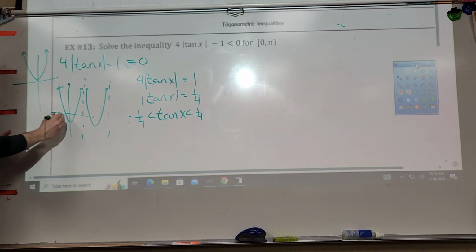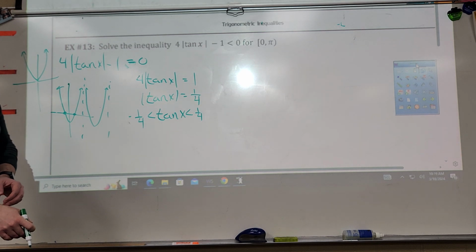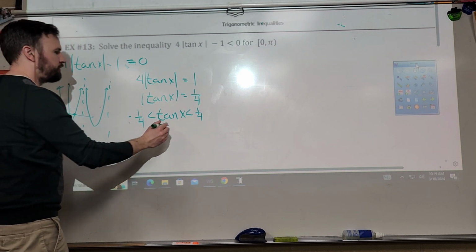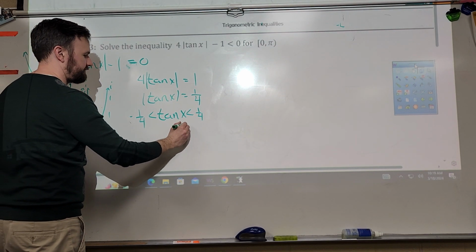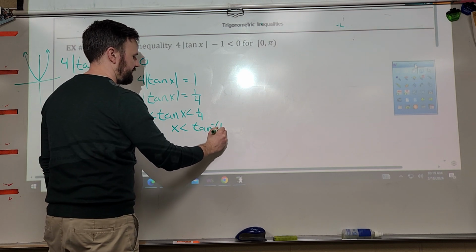Which makes sense because over here, that's kind of what we're finding. So now what can I do to everything? What do I do to everything to get x by itself? Inverse tan.